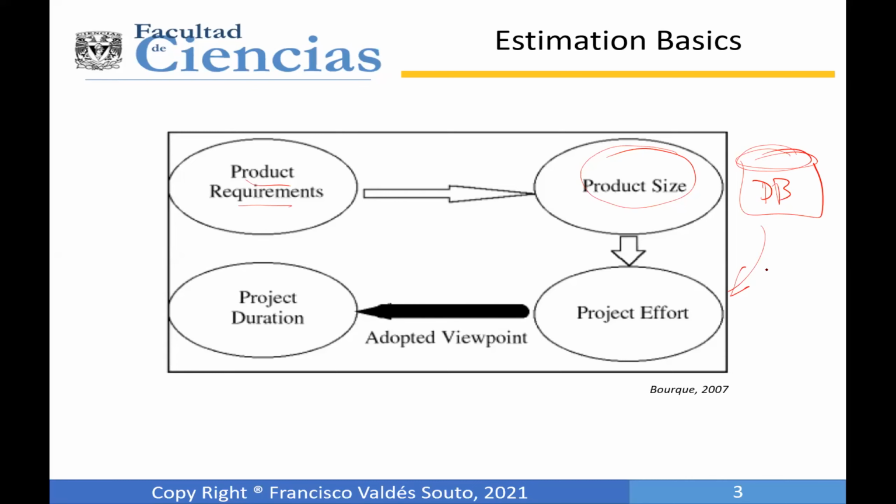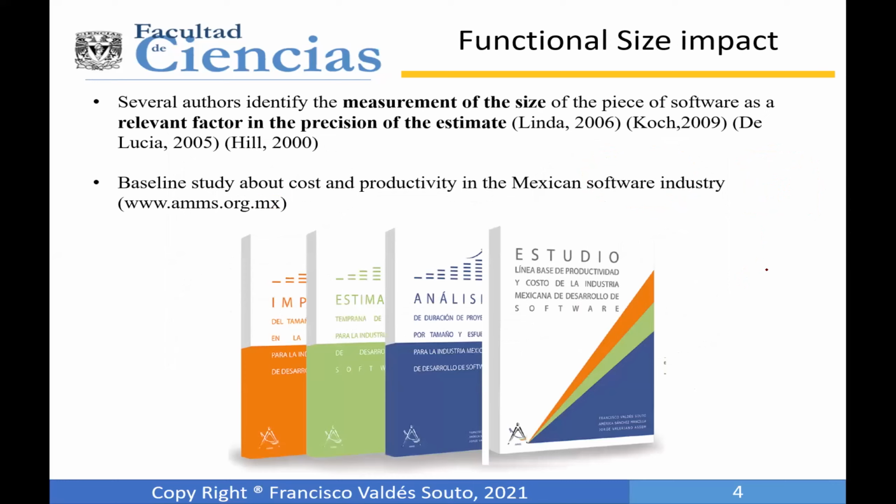We can then move to the next slide. In this slide, we are saying, as other authors do, that the measure of the size of the piece of software is a relevant factor in estimations. Other authors have mentioned that, and we have developed in Mexico a baseline study about cost and productivity for the Mexican software industry.